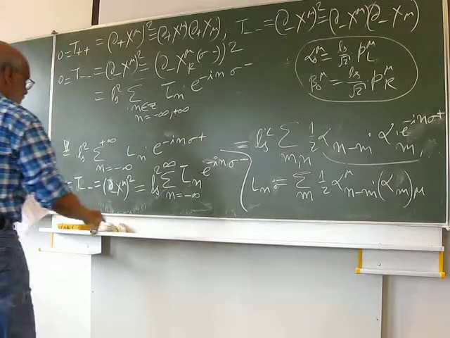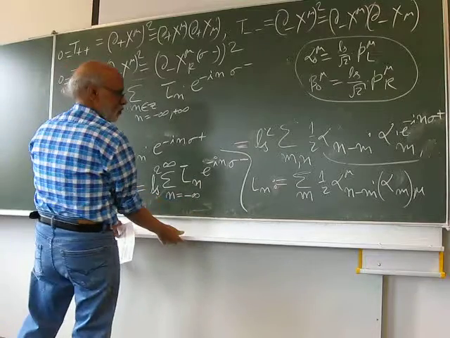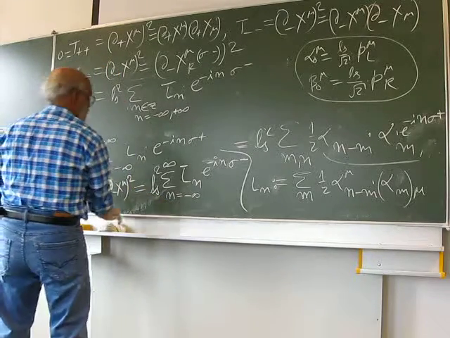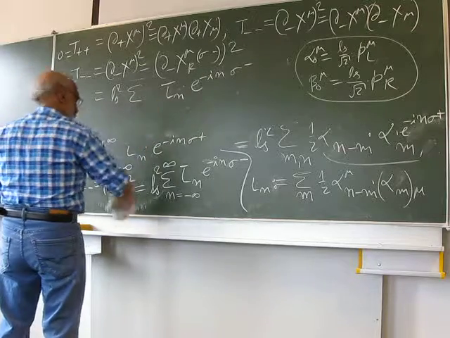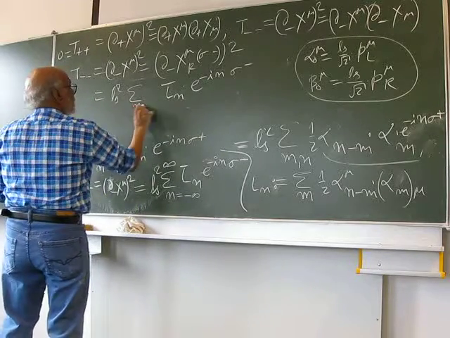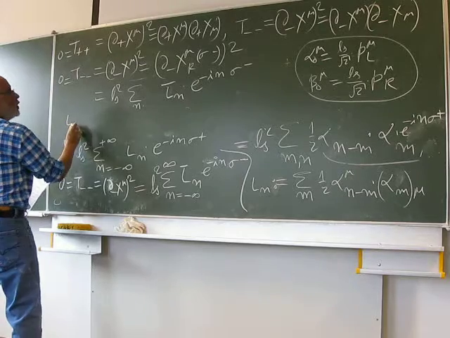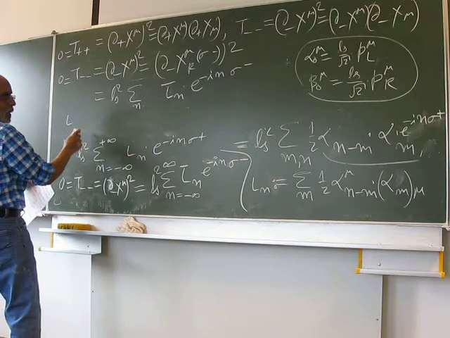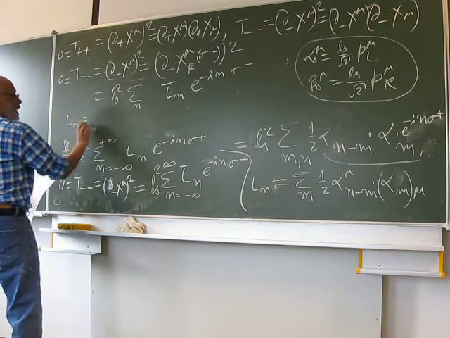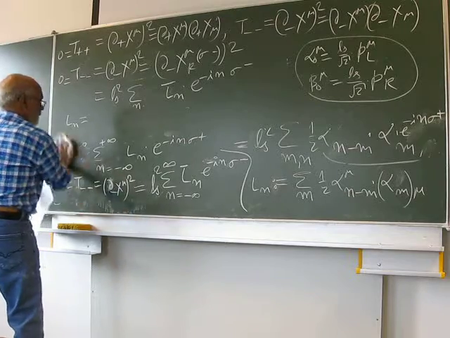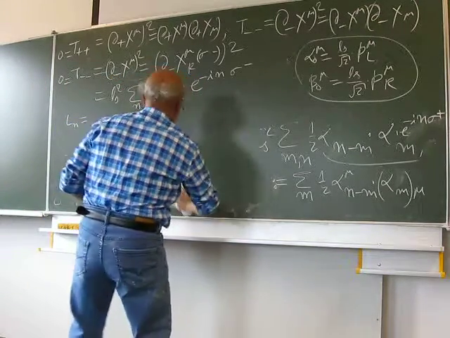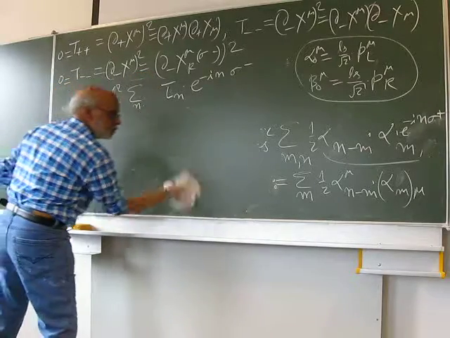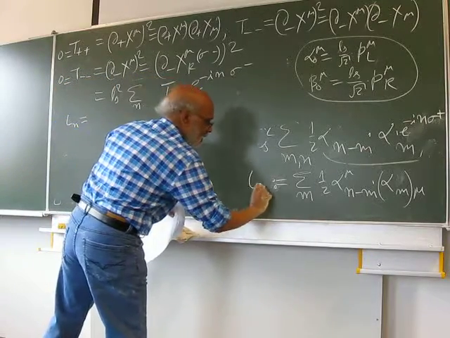Okay, where now this I think we are understood, sum over all of them, sum over n here. So my L n I can recap here. This was L n.